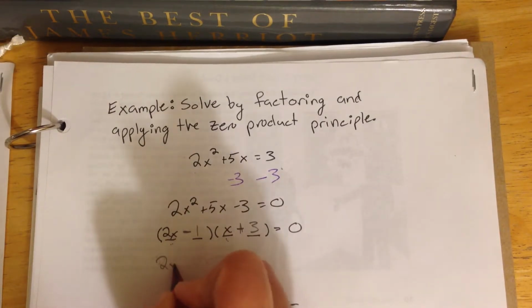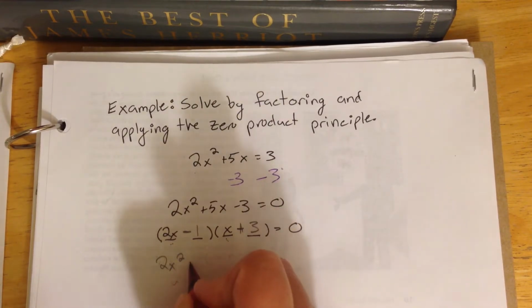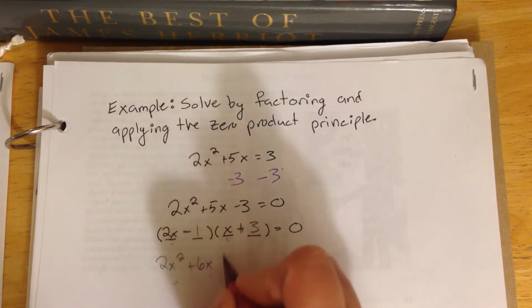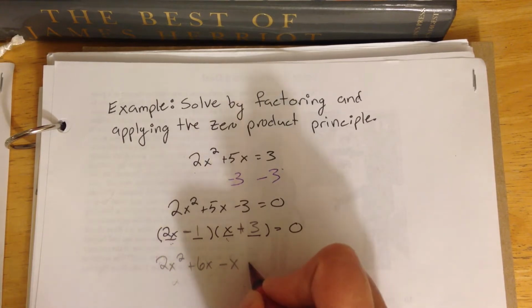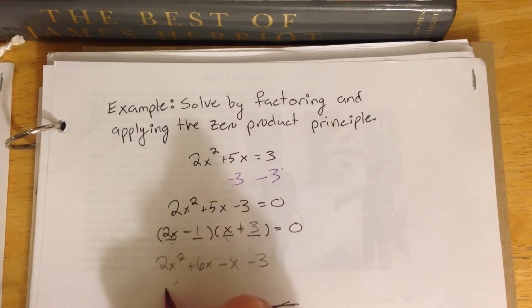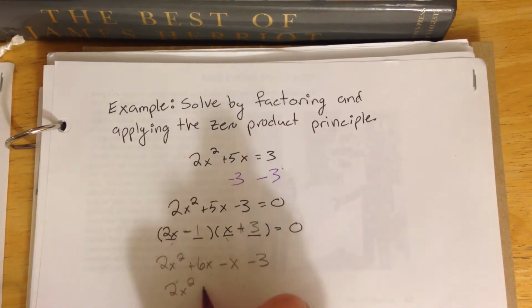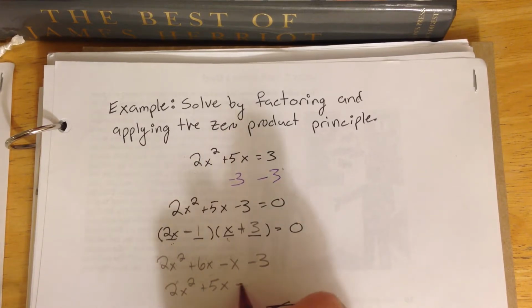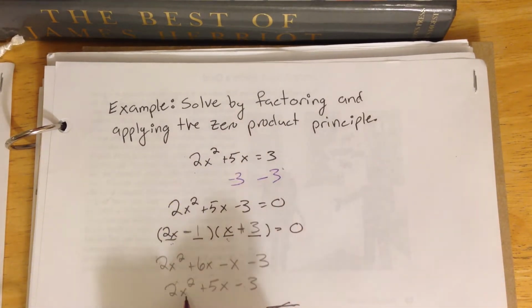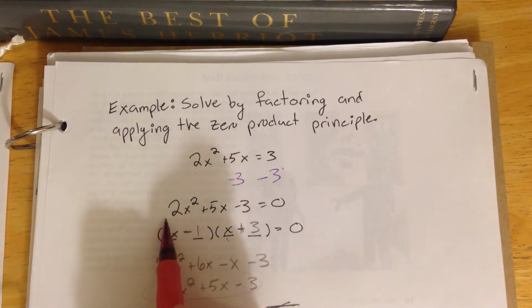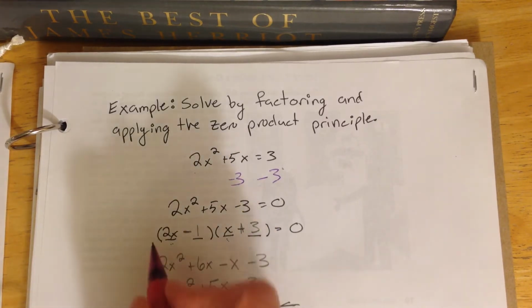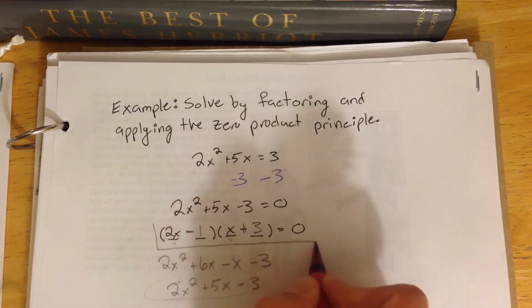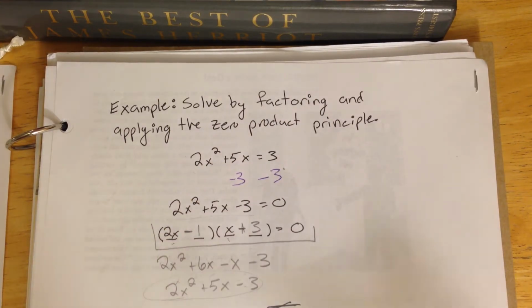So this is 2x squared plus 6x minus x minus 3, and 2x squared plus 5x minus 3. And sure enough, this is the thing that I started with. So now I know that this is the correct factorization.